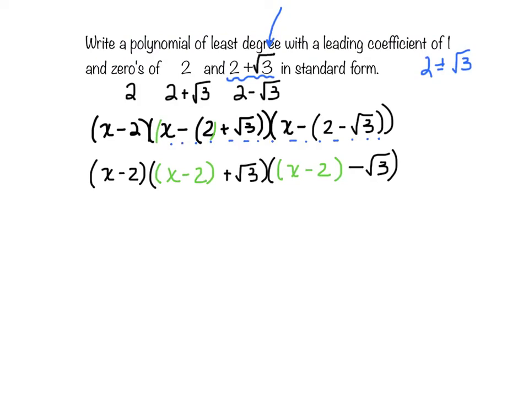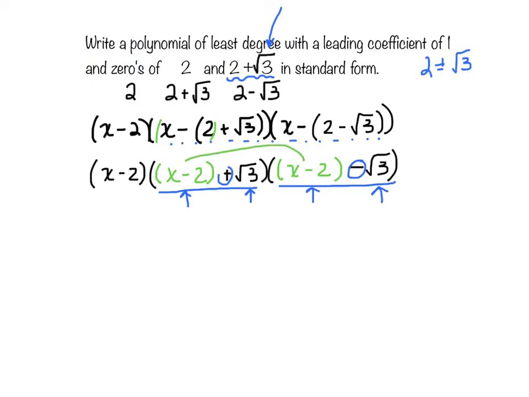Okay, and if you look closely at this row right here, this and this are actually conjugates of each other, right? So this is something plus something, and this is something minus something. So these are conjugates. And if you remember multiplying conjugates, the only thing I need to do is multiply the first and the last. The outsides and insides will cancel.